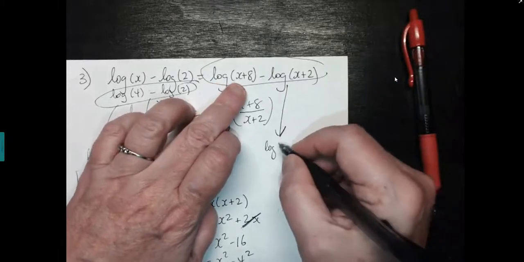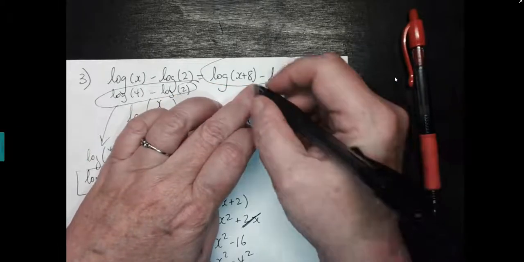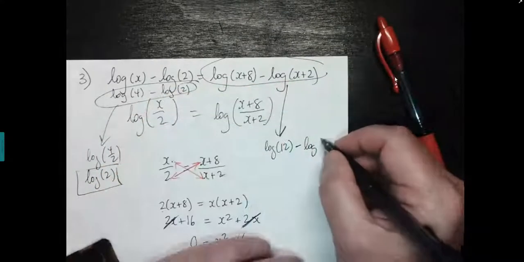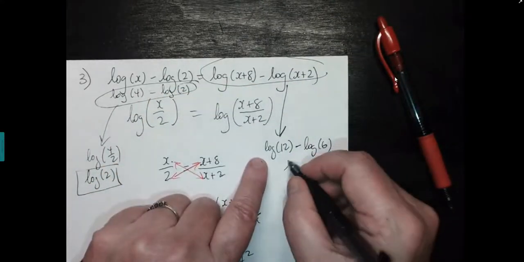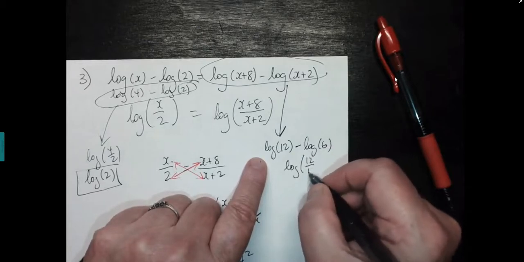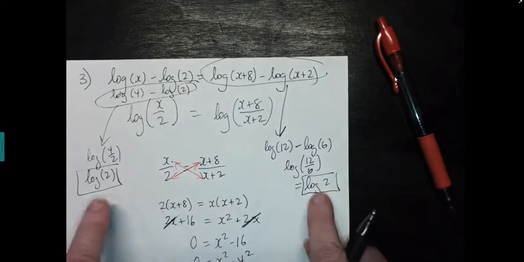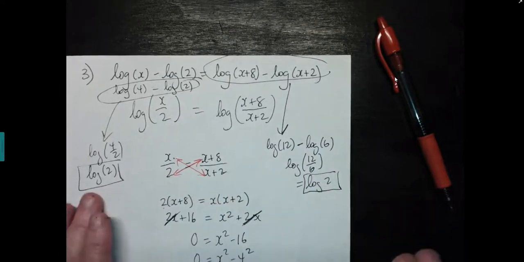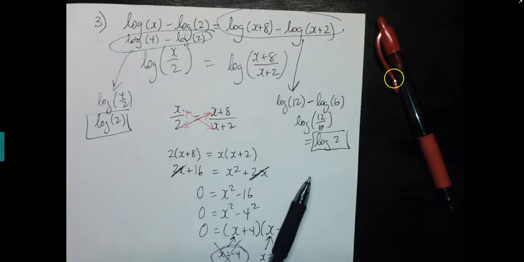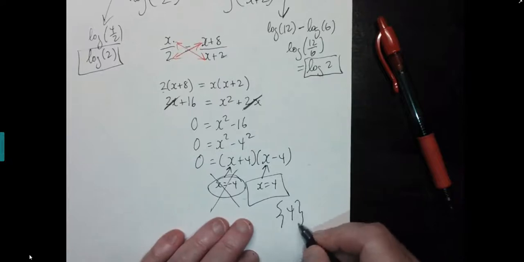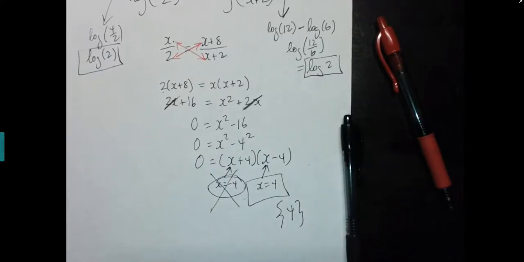I'll have 12, 4 plus 8 is 12, minus the logarithm of 4 plus 2 is 6, and then use the quotient rule to put those together. And I get the common logarithm of 2 on the right-hand side. So left-hand side equals right-hand side, so they're the same. And so I do have a solution. My one solution here is x equals 4, or you might see it like that. And that ends this video.